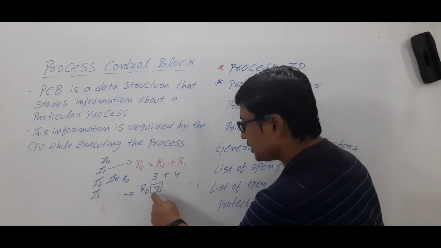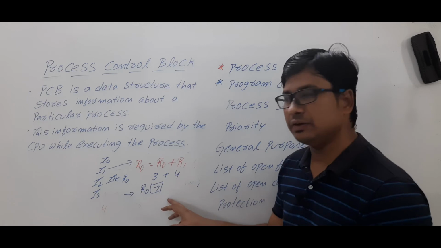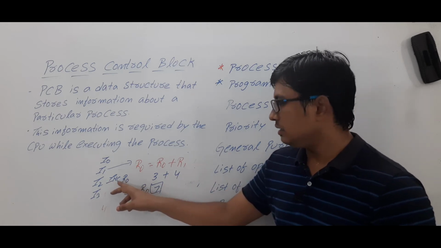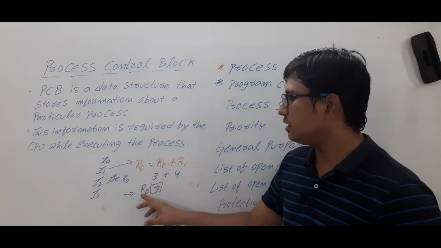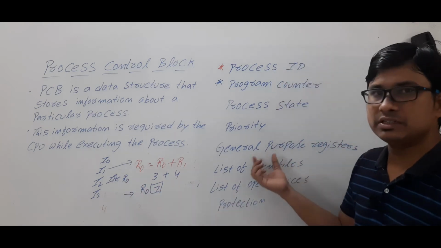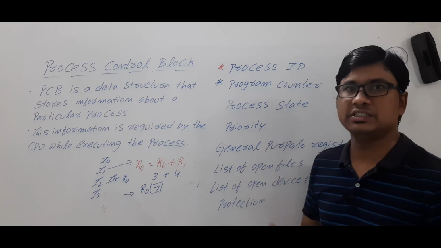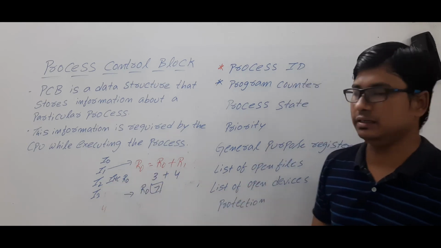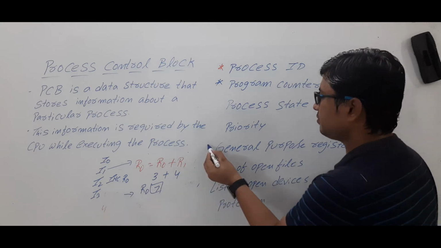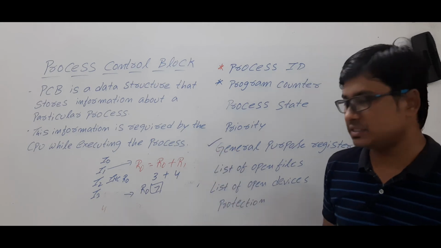Then you need to save this information, the R0 value as 7, because the next instruction is increment R0. So you should not lose the information which is available in R0. So all this information available in the general purpose registers while a process is executing will be stored in the PCB. So that is the information about the general purpose registers.